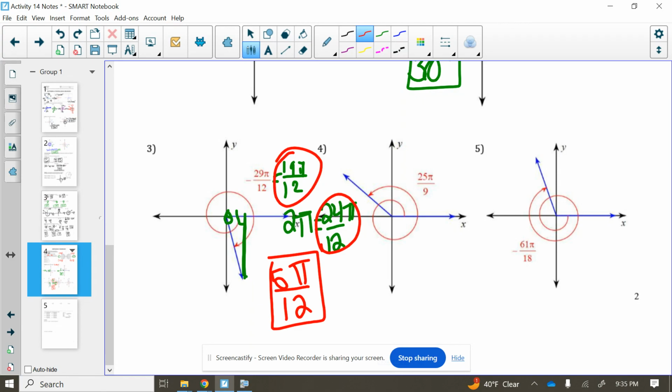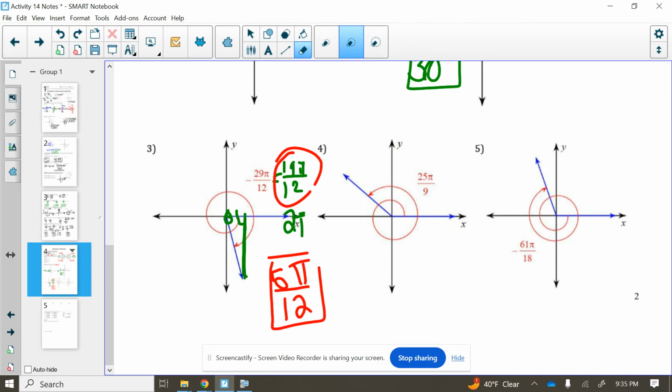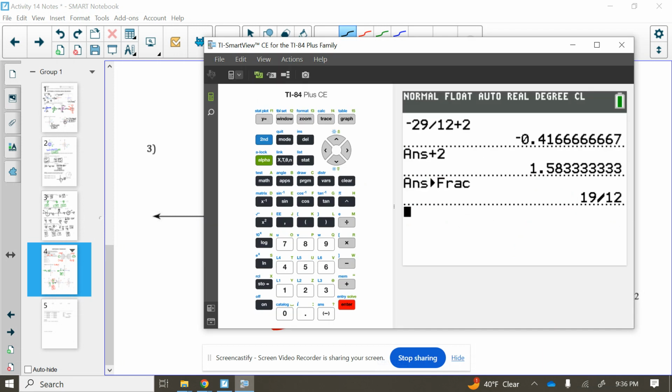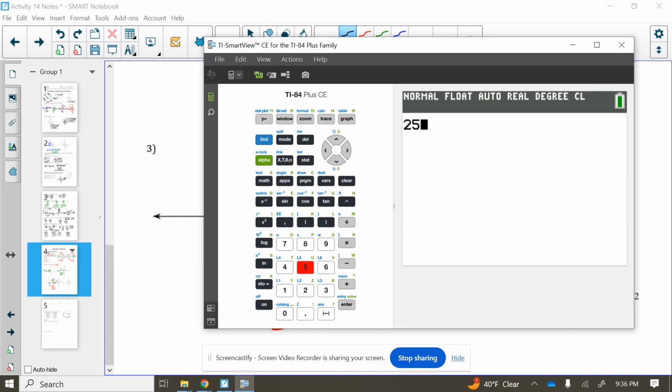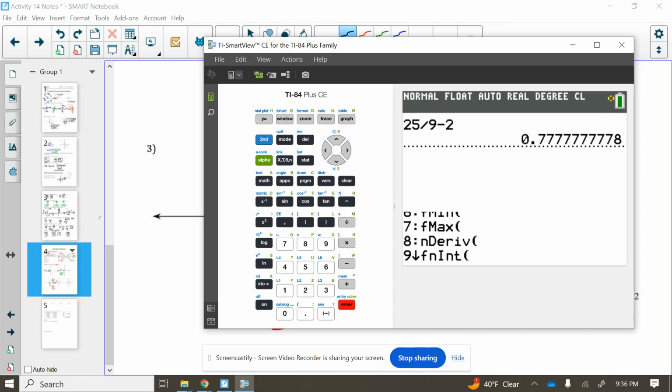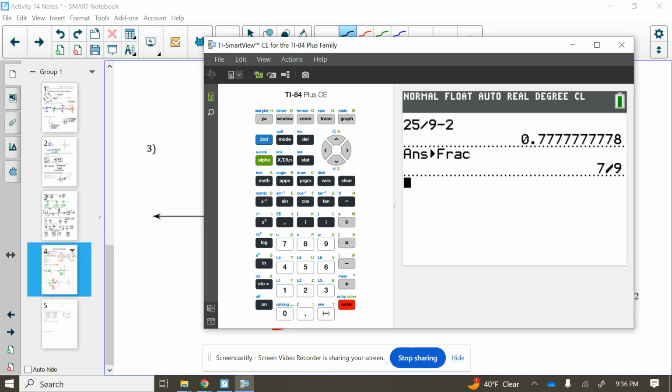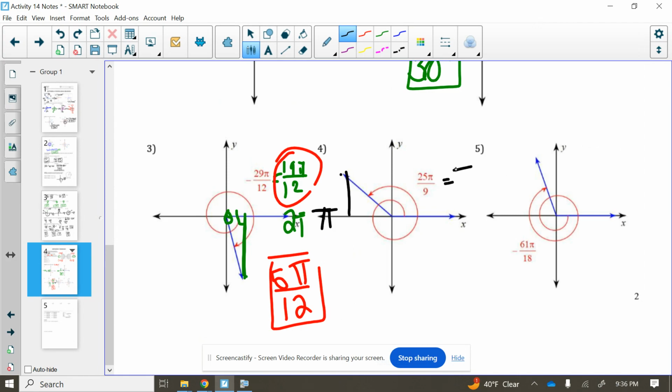Another one to look at is number 4. Again, it is asking us to look at how close we are to the x-axis. This time our closest x-axis value is pi. And again, 25 pi over 9, it might be a little bit easier to look at this with that reference angle between 0 and 2 pi, in this case, 7 pi over 9.